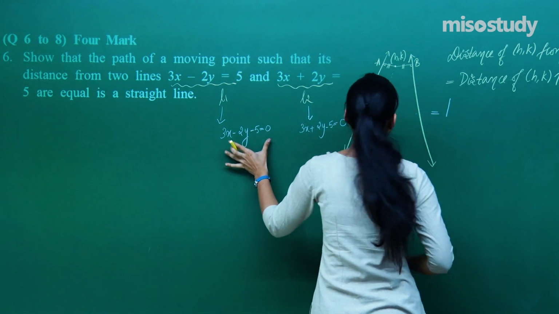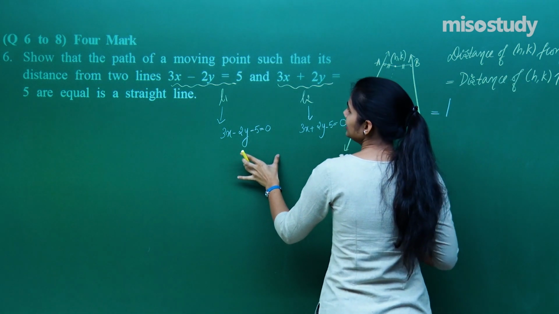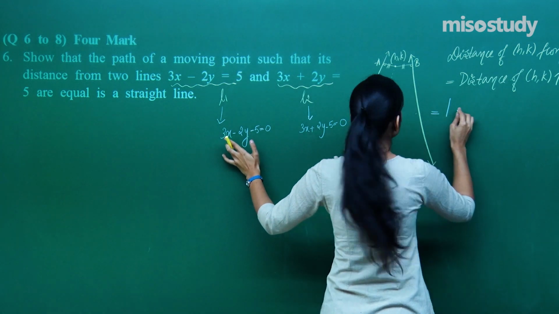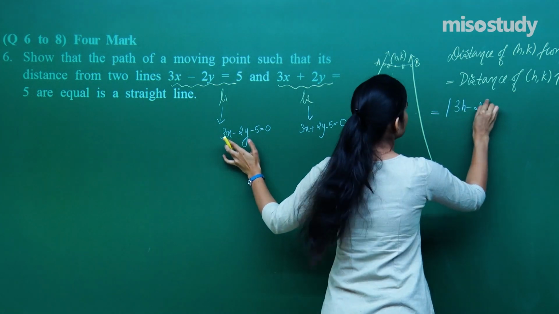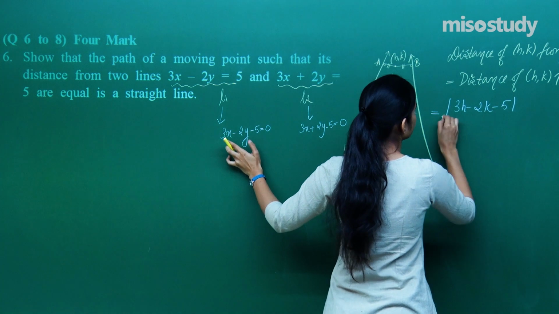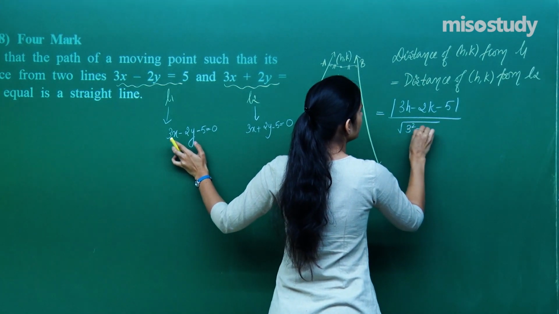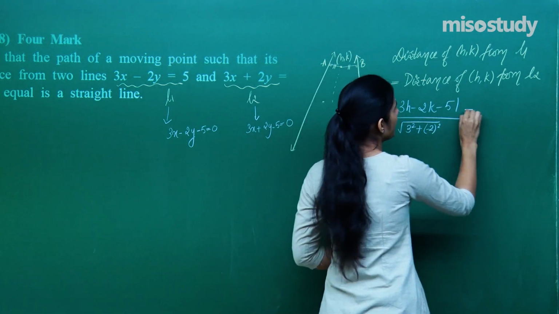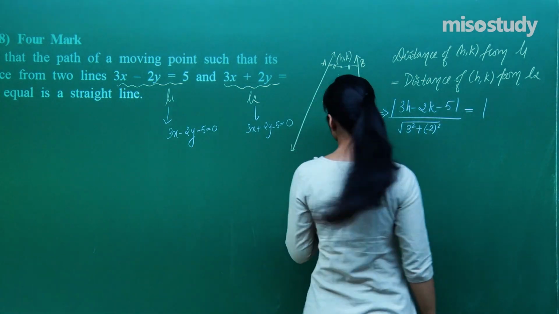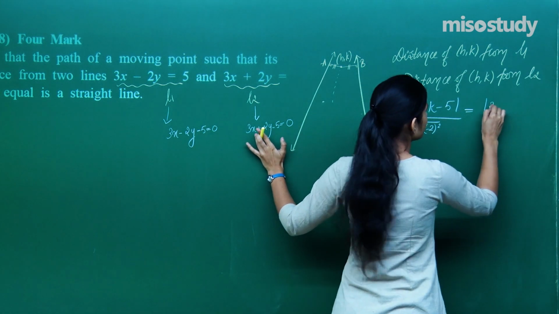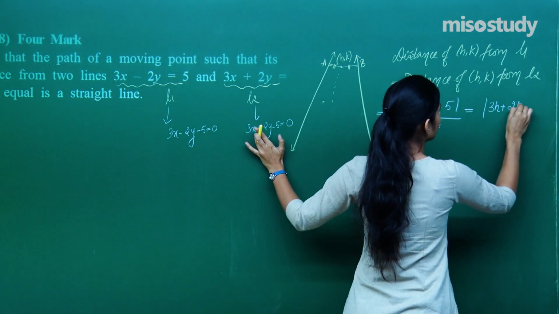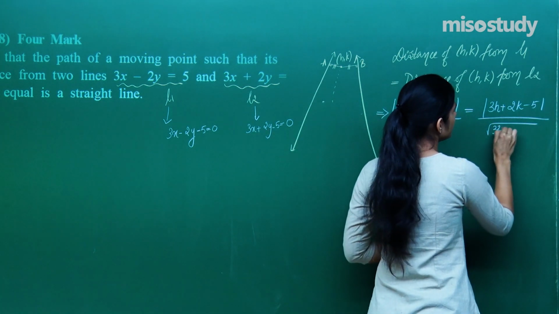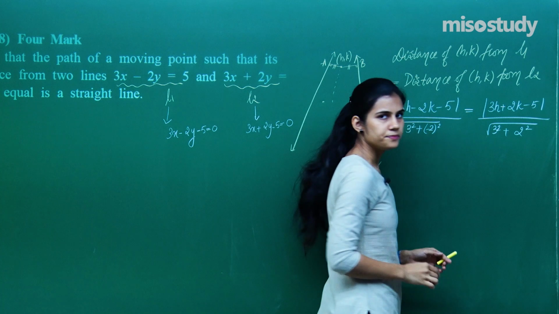So here distance of h comma k from this particular line would be mod of 3 into h minus 2k minus 5 whole upon under root of 3 square plus minus 2 square, and this distance is equal to distance of h comma k from this line, 3 into h plus 2 into k minus 5 whole upon under root of 3 square plus 2 square.